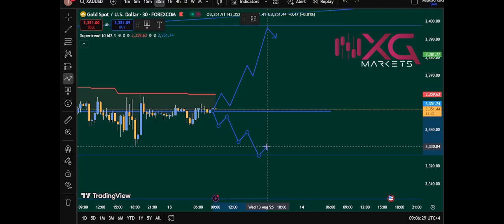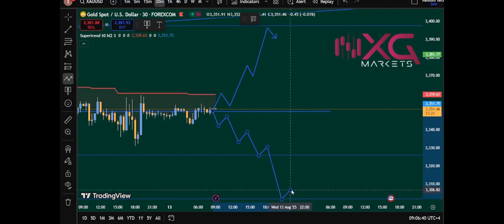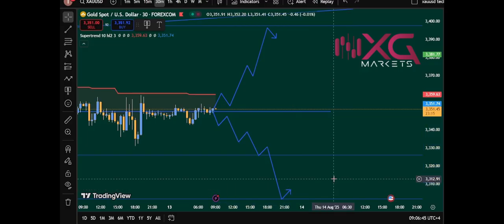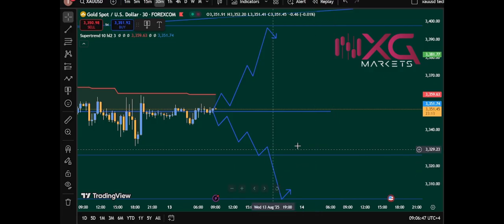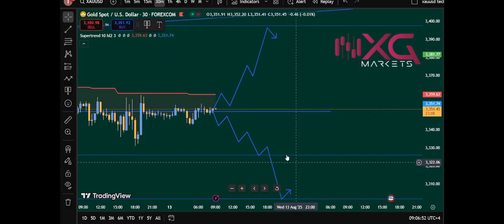And if it gets rejected, then we have the last and, of course, very strong support of 3300 or 3302, 3301. And this is where you will probably book all your profits and then hold on, because at 3325, now this is something important for you to understand, at 3325 and at 3300 or 3301 and 2, you might get a very good buy position.